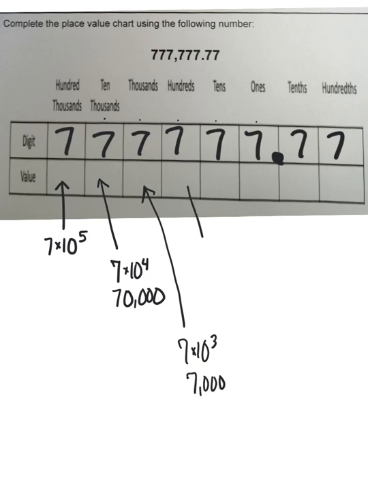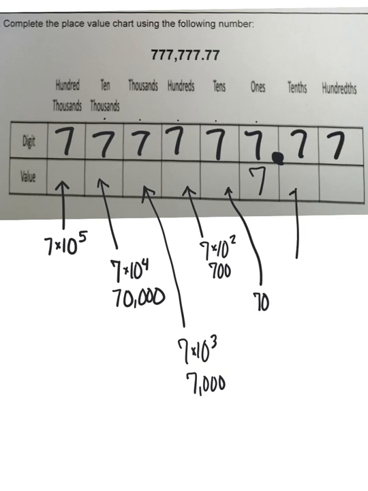The 7 in my hundreds place has a value of 7 times 10 squared, or 700. The 7 in your tens place has a value of 70. And this 7 has a value of simply 7 ones.